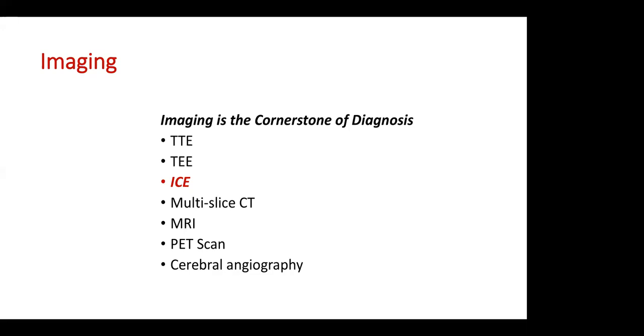Multi-slice CT scan is important in diagnosing satellite lesions. MRI is used for the brain. And PET scan is a very good tool to increase the sensitivity and specificity of the Duke's criteria, especially in catheter-related and device-related infective endocarditis. Mycotic aneurysms can only be diagnosed by cerebral angiography, not by CT scan or MRI.